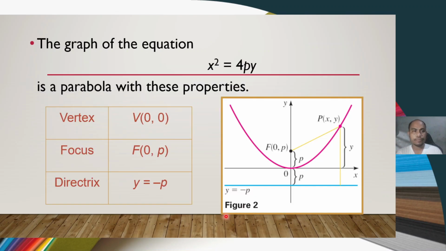Okay, moving on. The graph of the equation x squared equals to 4py na solve natin kanina will have these properties. The vertex is at the origin or 0, 0. The focus is at 0, p, like in our drawing shown. And directrix is y equals to negative p, in which below siya ng ating x-axis, no? Or below the vertex, we have negative p.